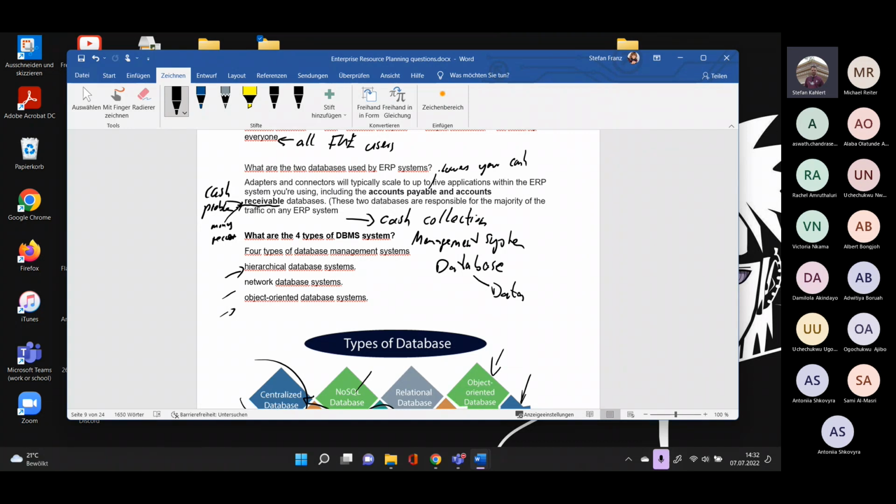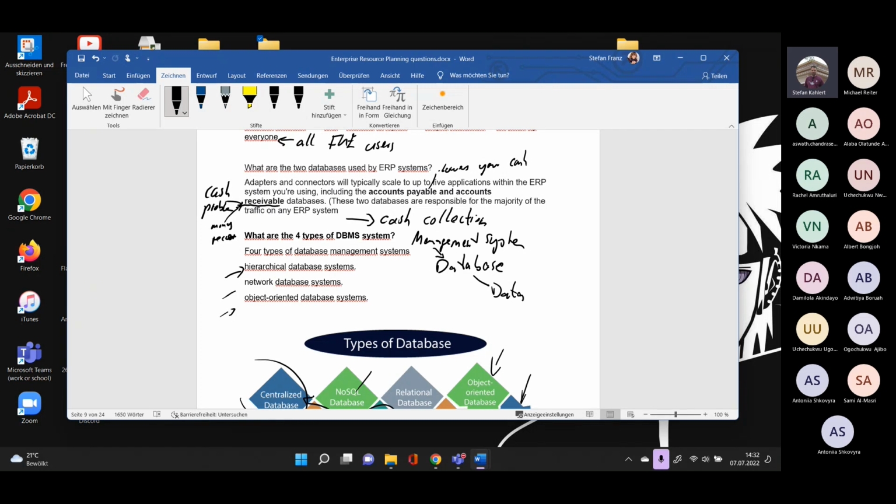You just store data. With the management system, you can then take over the connection to make the data available for other applications, other systems or other standards. So the database management system is something different than the database.